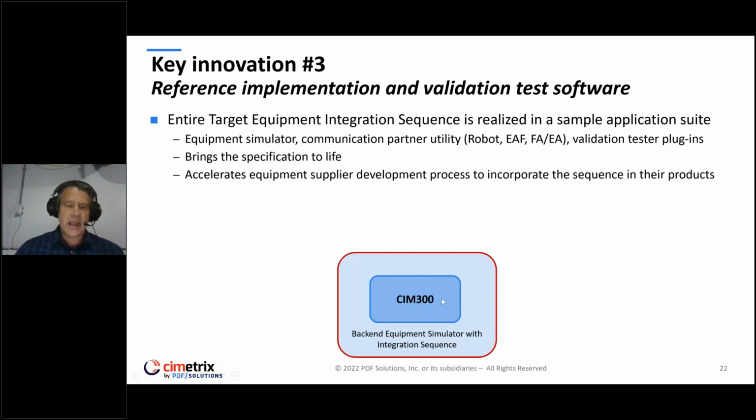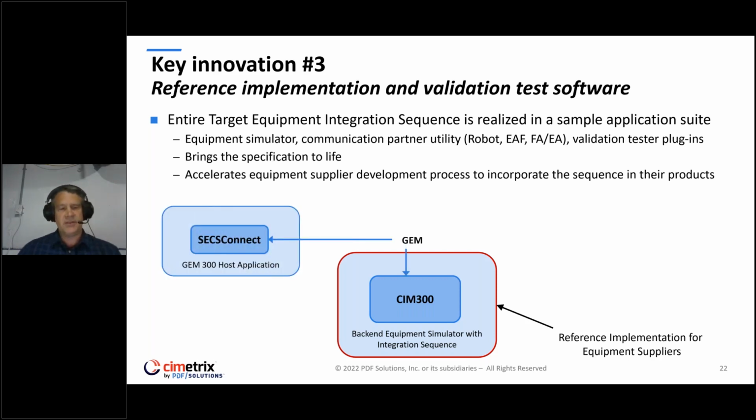Right now we have a back-end simulator that goes through all the different scenarios in the back-end TOS and implements them as defined in the TOS. And that can be used to show people how to implement it.